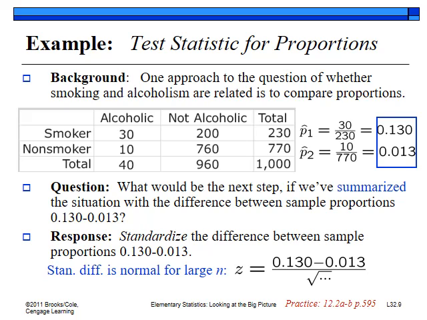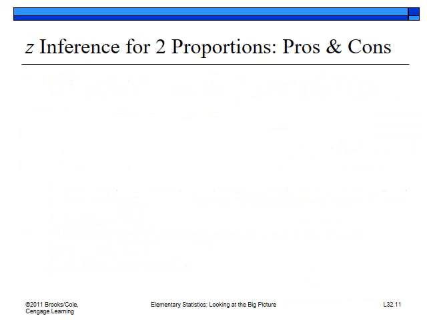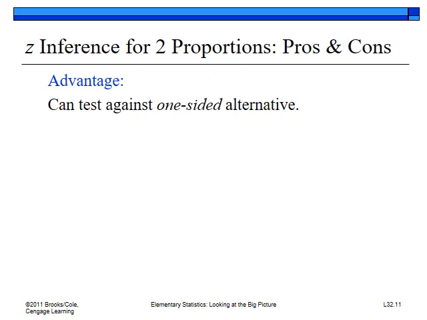We can compute z. It's the difference between the two divided by the square root of something. But this is where things start to get sticky. We can use z to test against a one-sided alternative. For the other test that we're going to talk about, the chi-square test, we cannot.